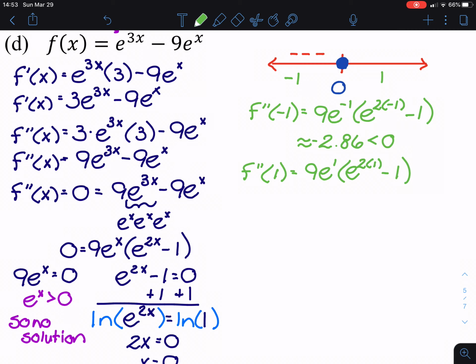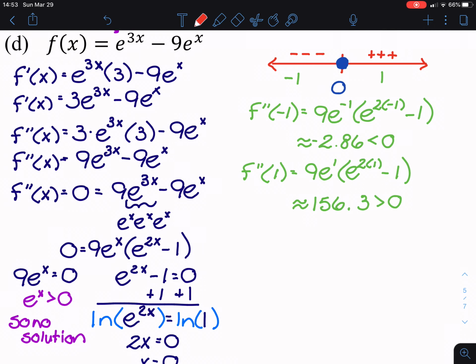If I calculate that out, this is going to work out to be approximately 156.3, which is greater than 0, which means that on the right side, my function is concave up.